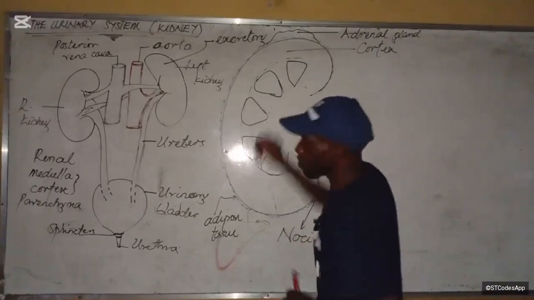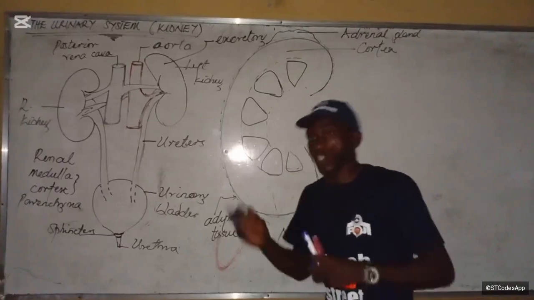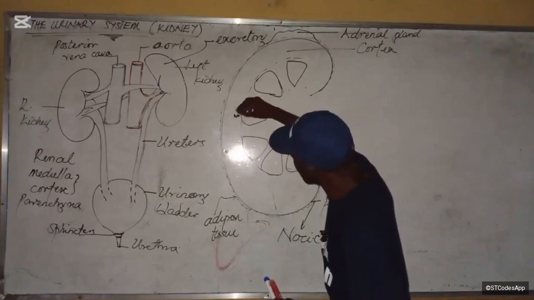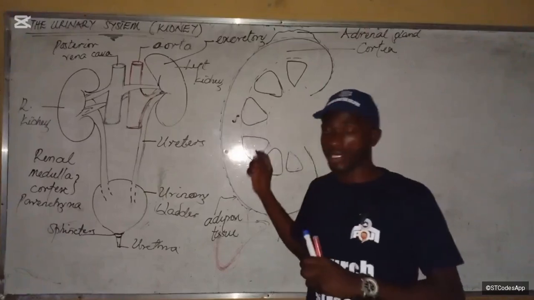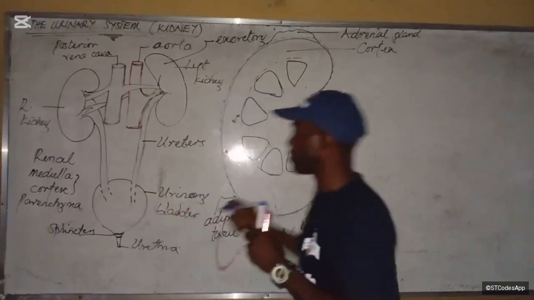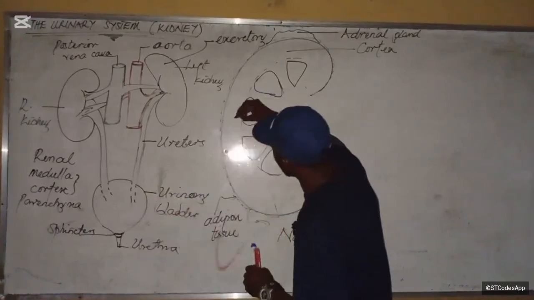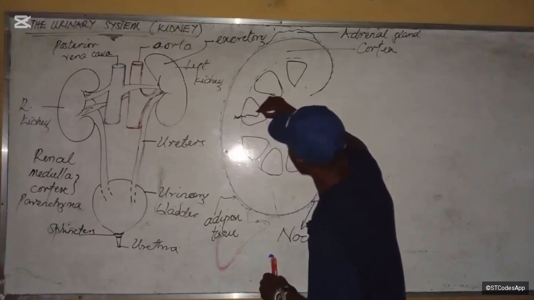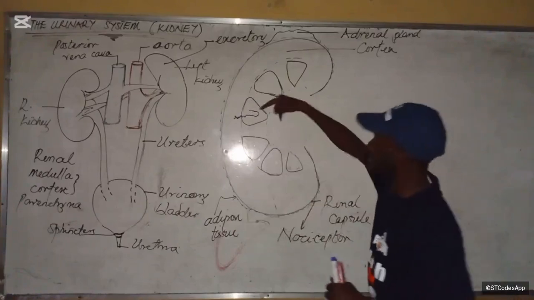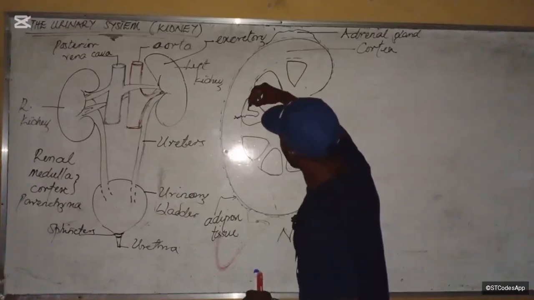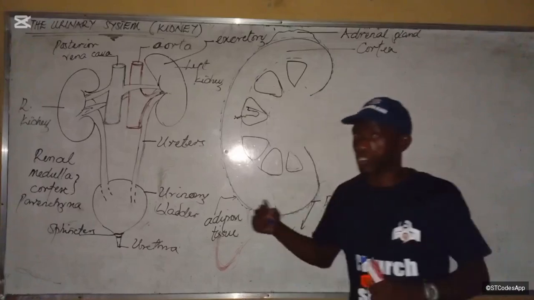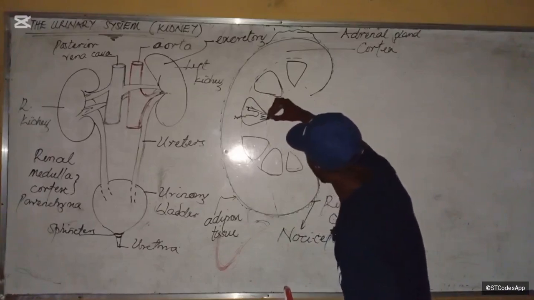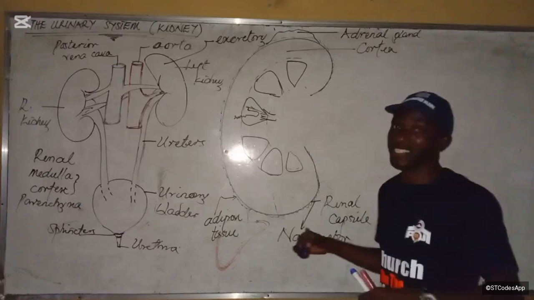Now, I said the functional unit of this kidney is called the nephron, and the nephron begins at the cortex here. I'm going to bring out the nephron so that you can see the way it is. It begins at around this place, and then it enters here. There is a loop that enters here, and then connects to what we call connecting ducts, and then the connecting ducts enter into what we call the papillary ducts.